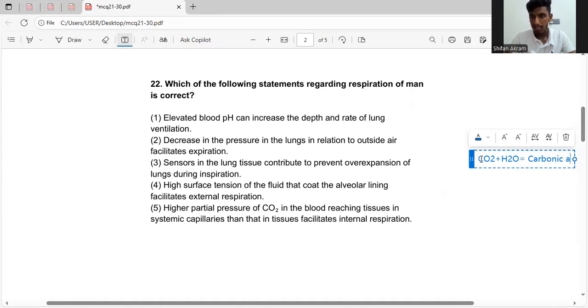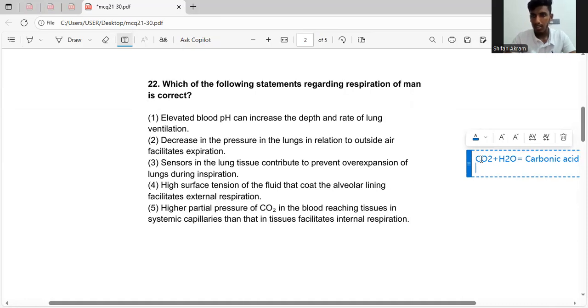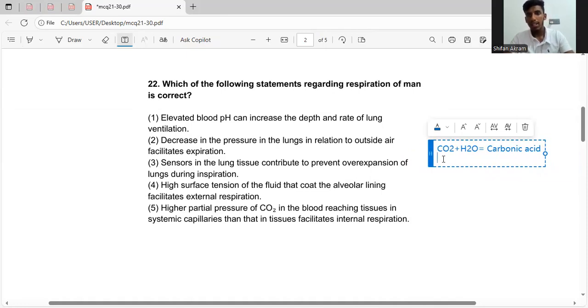This carbonic acid, which is formed by carbon dioxide and water, dissociates into HCO3, which is bicarbonate, and hydrogen ions. So we can find out that as CO2 concentration increases in the blood, the H plus concentration also increases.